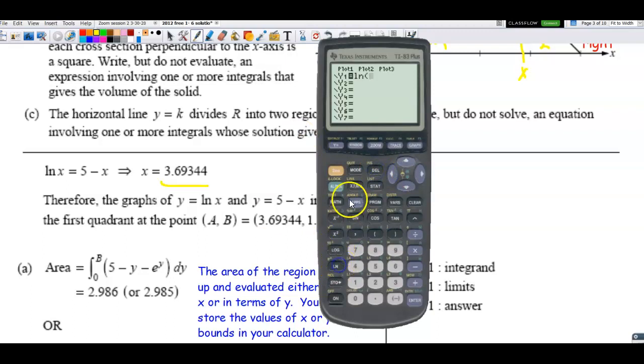Okay, so ln of x is the first function, and the second function is 5 minus x, and you can see that my calculator will produce the same graph, and I can zoom box that. So I'm going to do a zoom number 1, and I'm going to start at the origin.